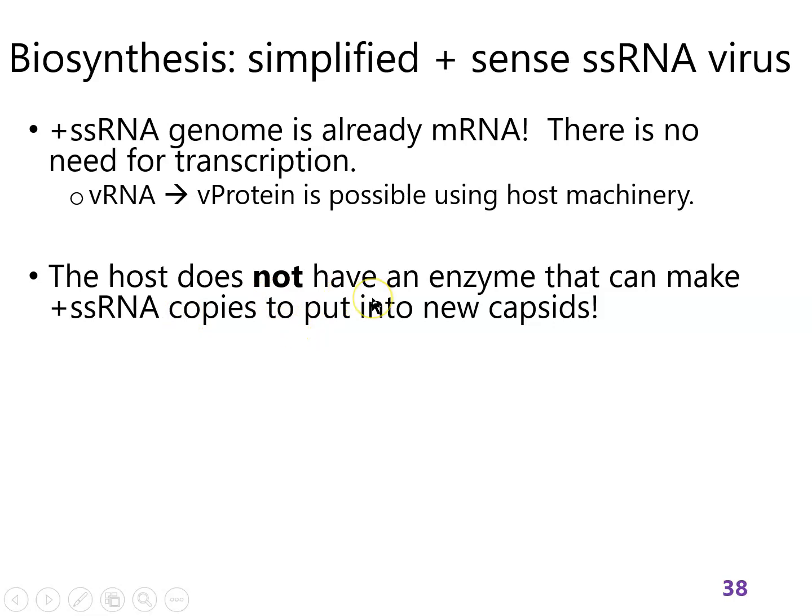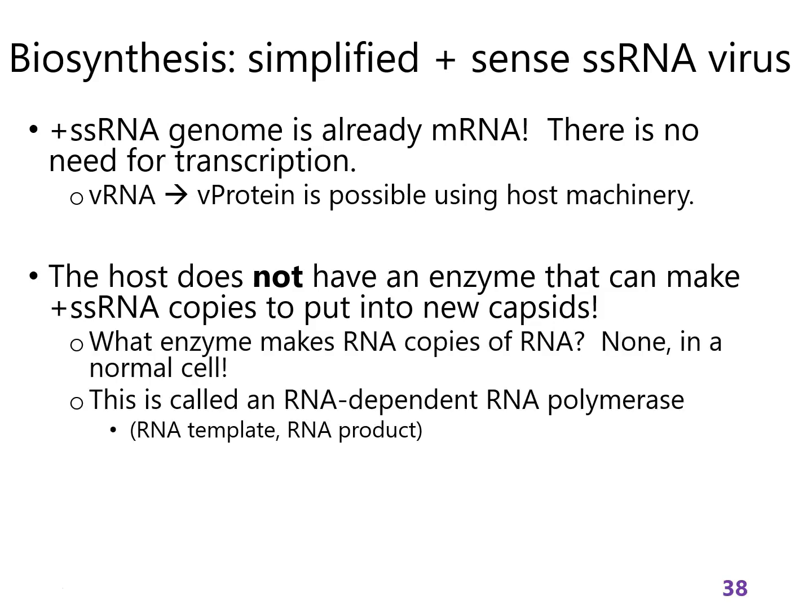But the host cell, like our own cells, has no enzymes that can do that. We don't have enzymes that can make RNA copies of RNA molecules. We just don't. These enzymes that we don't have are called RNA-dependent RNA polymerases. So that means they have an RNA template, so they're RNA-dependent, and they make an RNA product, so they're RNA polymerases.